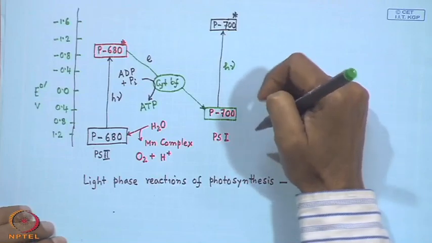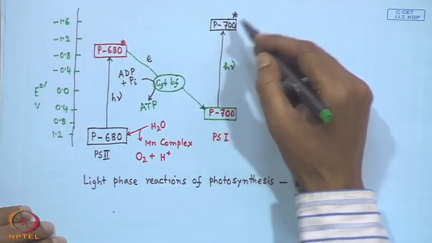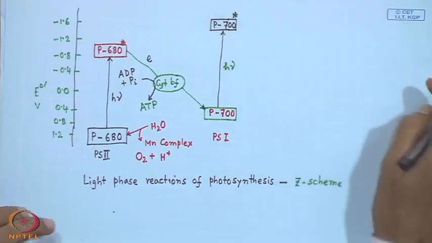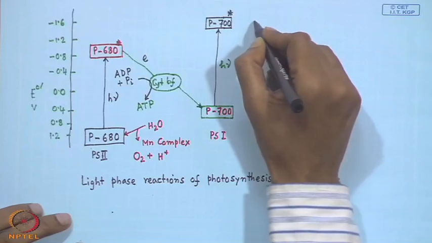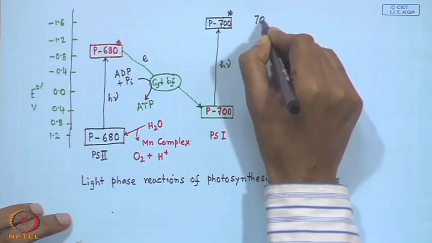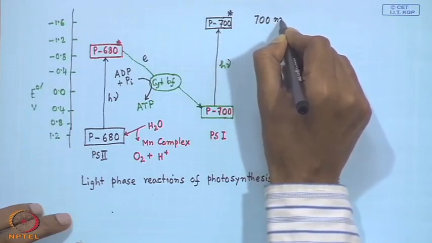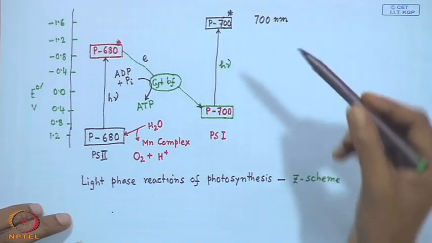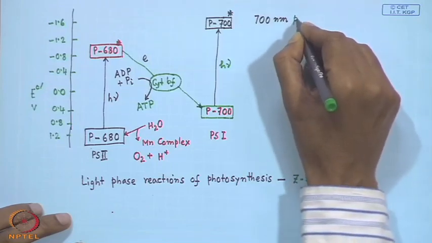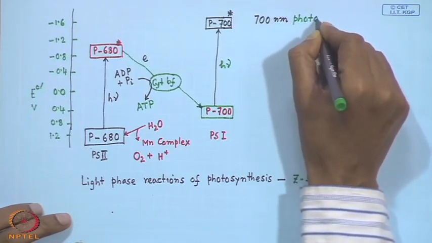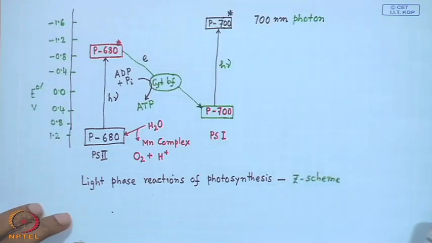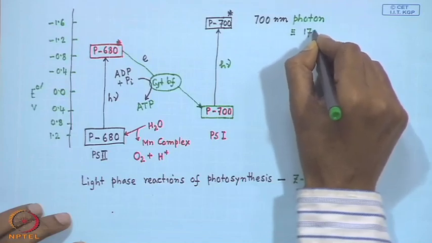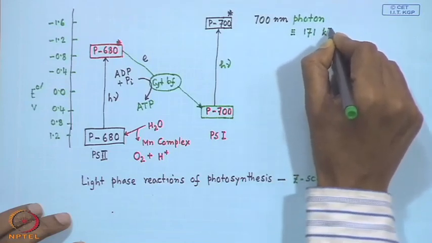and depending upon the corresponding amount of energy, we can also calculate the corresponding threshold for these reactions. In this particular case, when we are handling a photon of wavelength 700 nanometer, we can calculate the corresponding photon energy, which is equivalent to 171 kilojoule per mole.